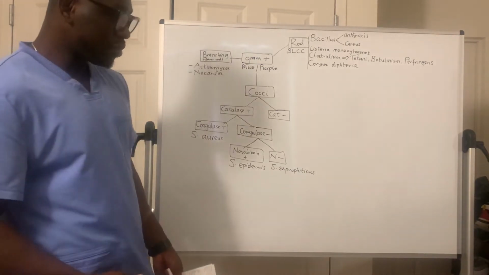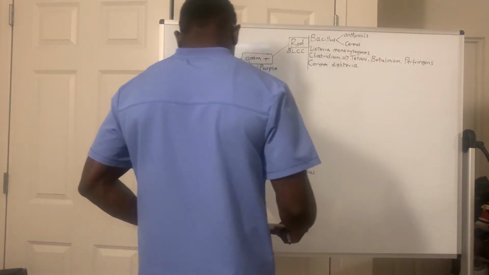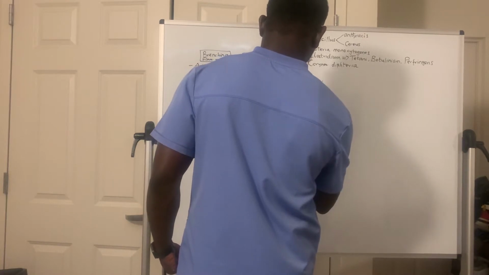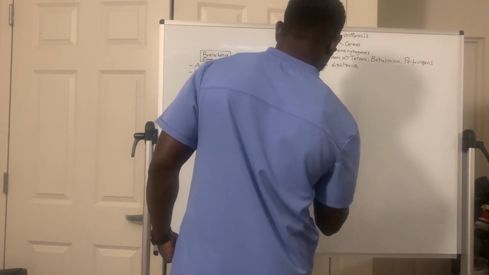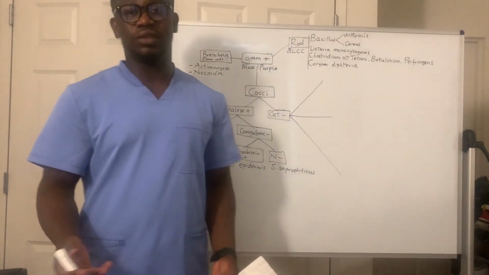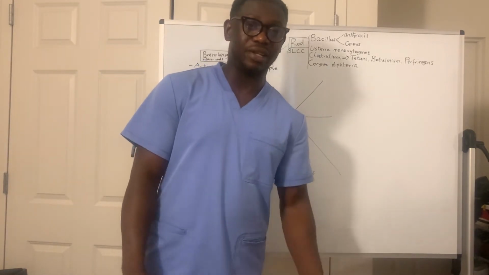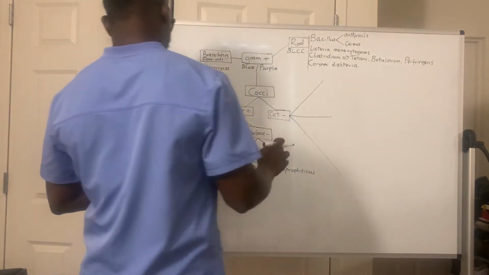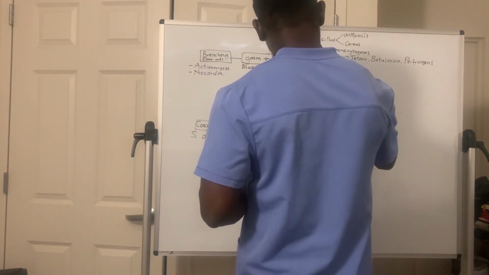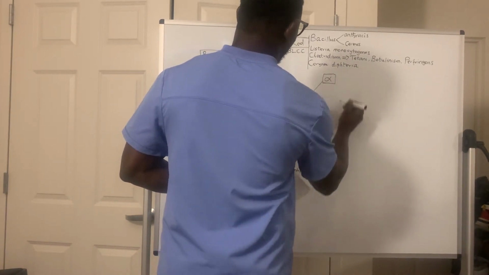All right, now when it comes to the catalase negative, we can divide this into three categories, in terms of hemolysis. We have alpha hemolysis, beta hemolysis, and gamma hemolysis. So that is how we're going to do this.